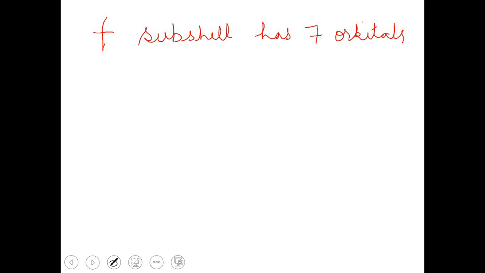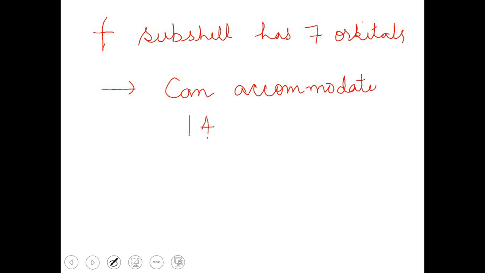So I think you must be able to predict the number of electrons which can be accommodated in the f subshell. The f subshell can accommodate 14 electrons. So I hope this point is clear to you, children.